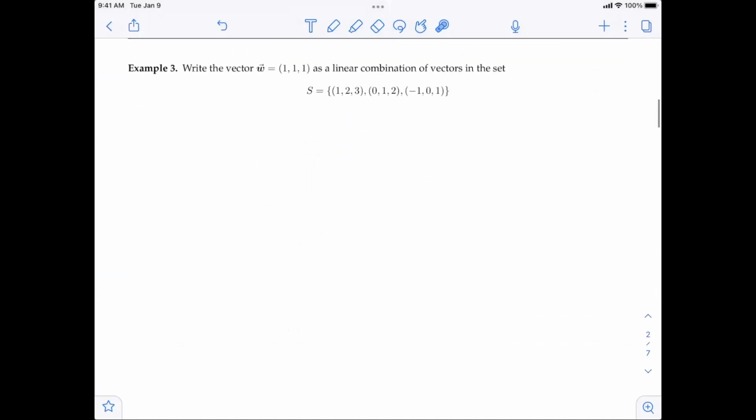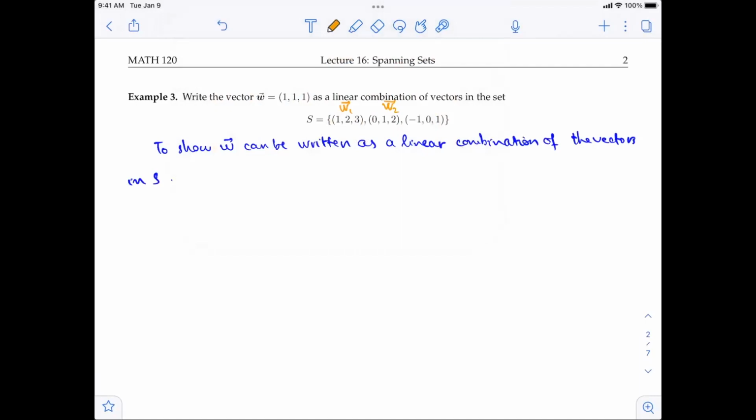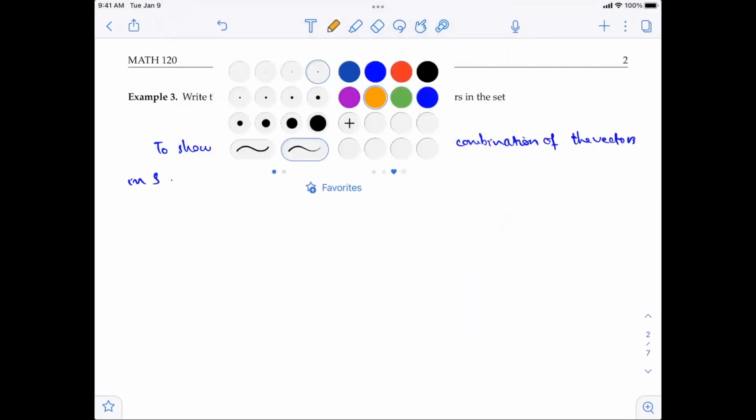Now to write w, let me be careful here. So to show w can be written as a linear combination of the vectors in S, let me denote the vectors in S to be w1, w2, and w3.